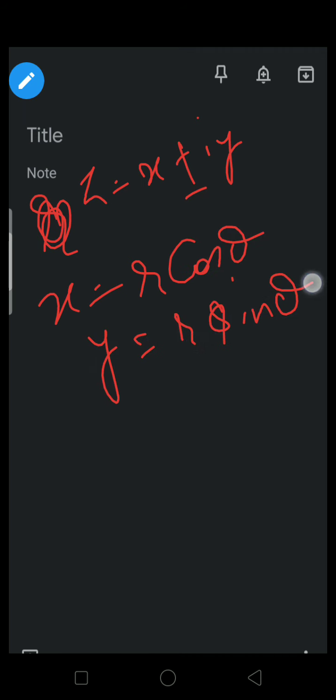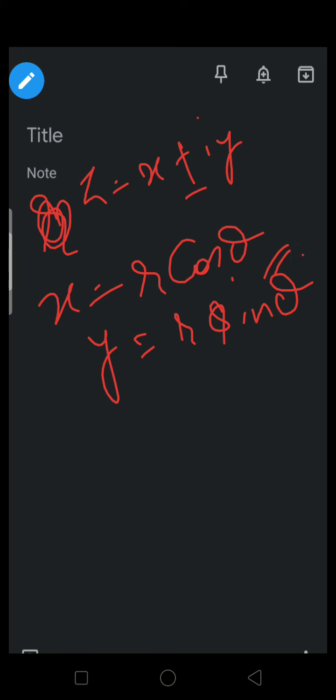Now, students, z is equal to x plus iy, or x minus iy also. When you convert into the polar form, you write x equals r cos theta and y equals r sin theta. What is theta here?